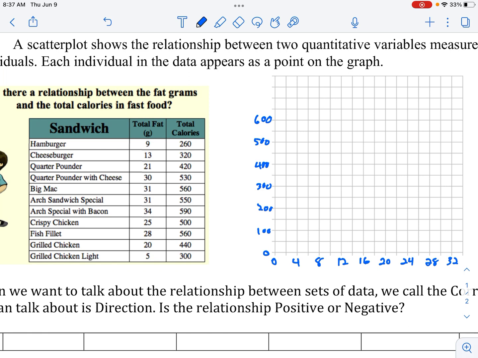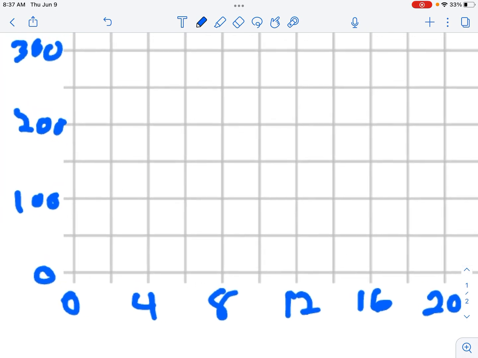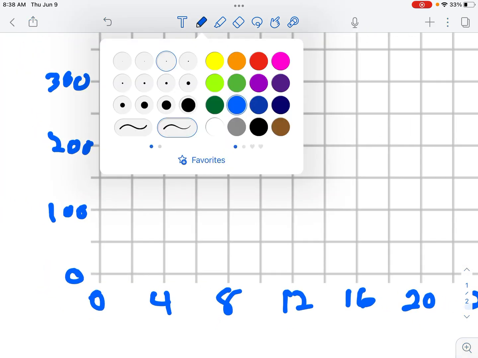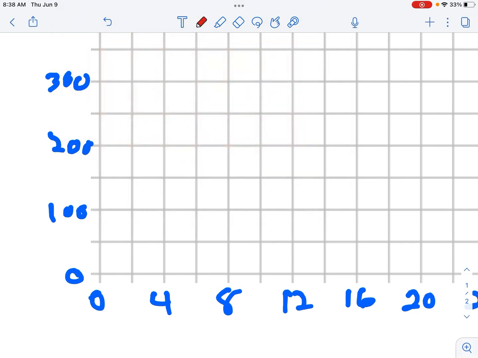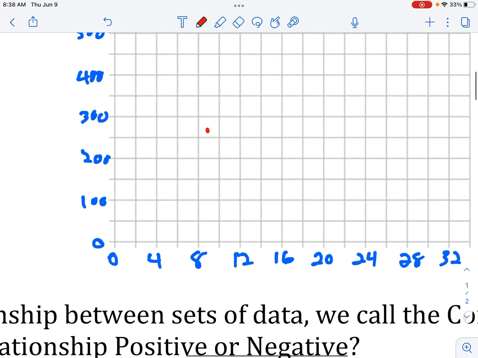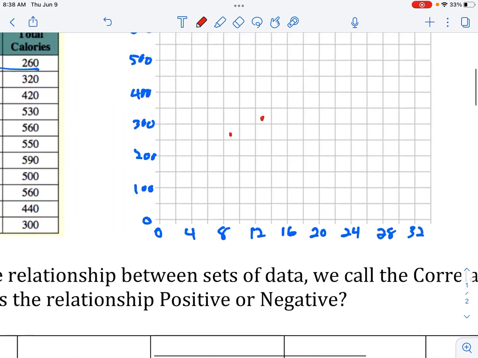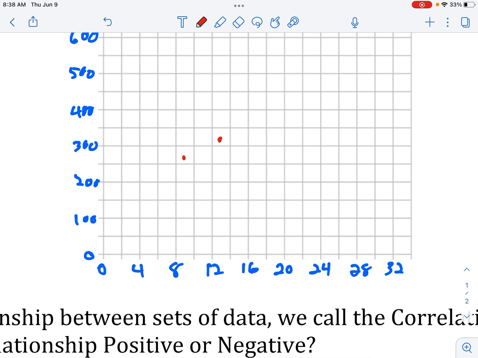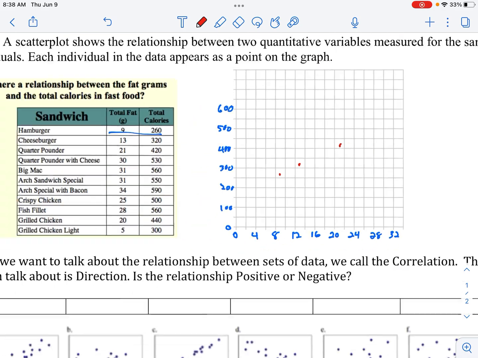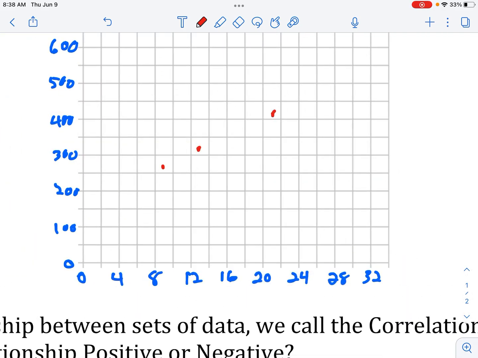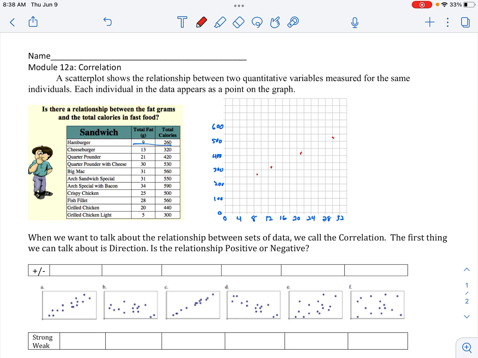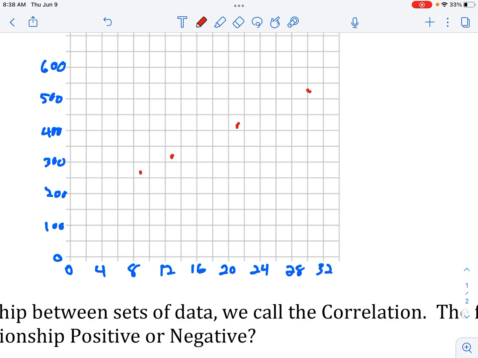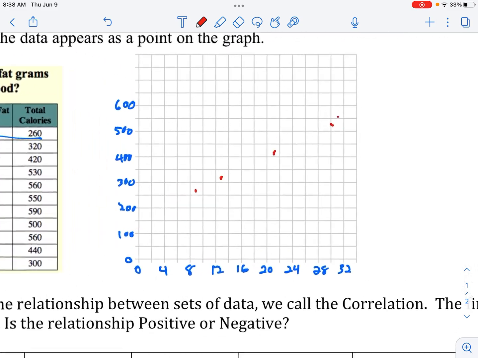Okay, and I'm just going to do 1 point at a time. So we have 9 and 260. I'll just use a different color here. 260 would be kind of like here-ish. 13 and 320, kind of up in there. 21 and 420 would be right about here. 30 and 530. 31 and 560. 31 and 550.